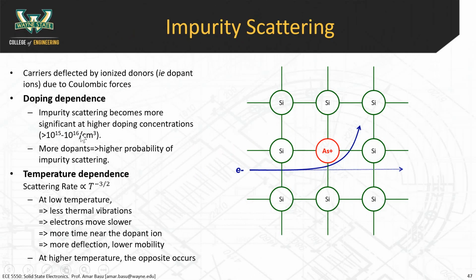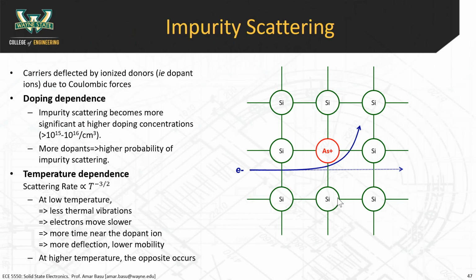But impurity scattering, you can imagine, is due to this Coulombic attraction between the electron and the positive ions at a very basic level. At a more complex level, you have to think about how the wave functions overlap and how that changes the electron probabilities.